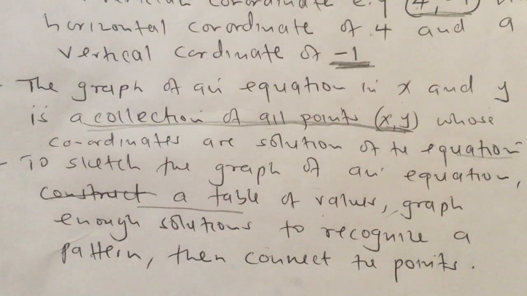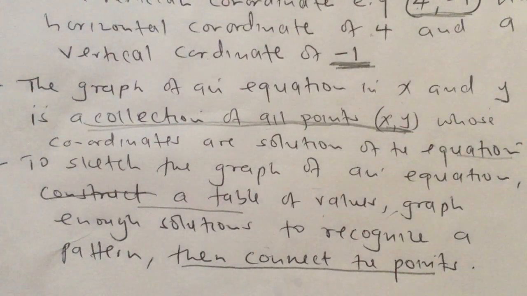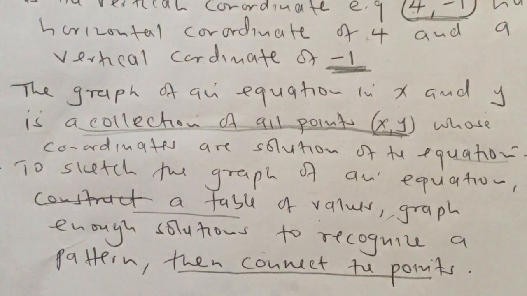Once you recognize the pattern, connect the points to each other using a line or a curve, depending on the nature of the pattern coming out from the constructed points. From there, you can relate those points so that sketching those curves becomes easier.